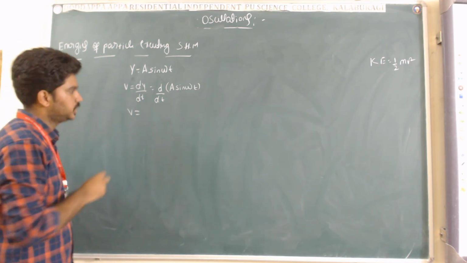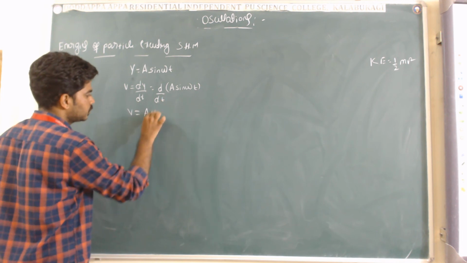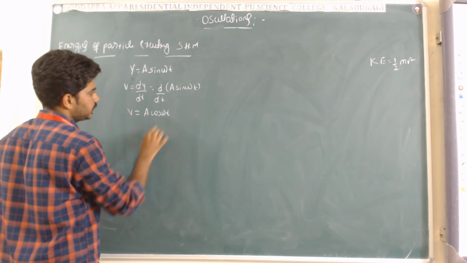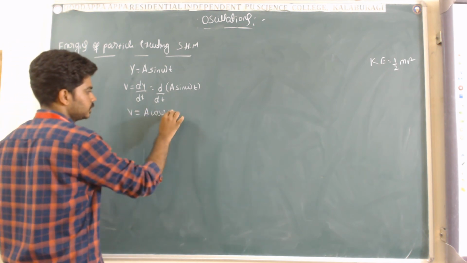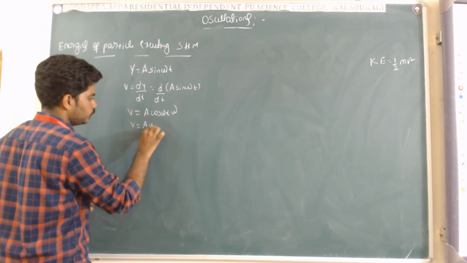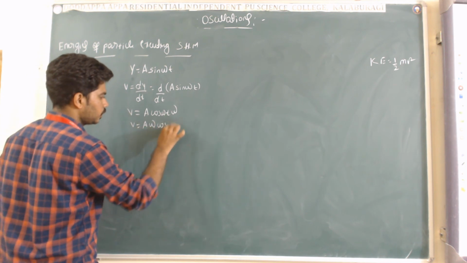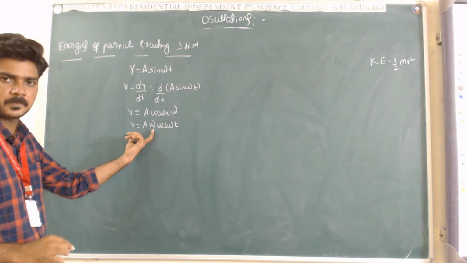A is constant, you keep outside. The derivative of sin omega t is cos omega t, and the coefficient of t is omega, you just write as it is. So can I write v equals a omega cos omega t? Now we have got the value of v.